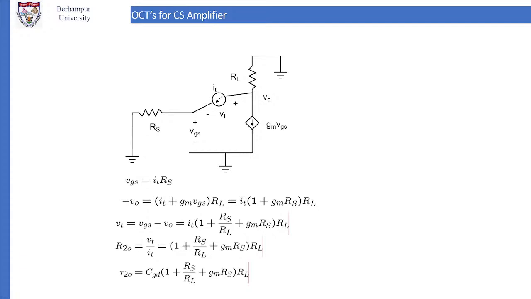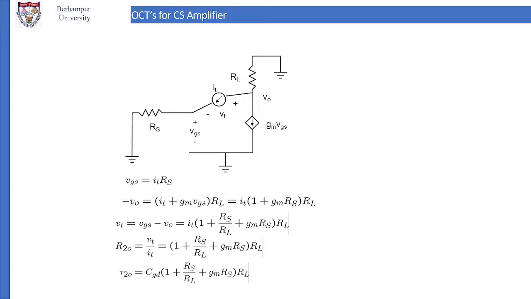Then VT is equal to VGS minus V0. That is the expression for VT. We know the expression for VGS, so VGS minus V0 will be IT RS plus IT into (1 plus gm RS) into RL.